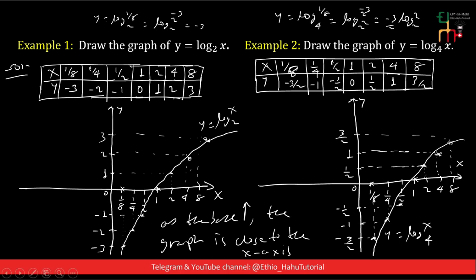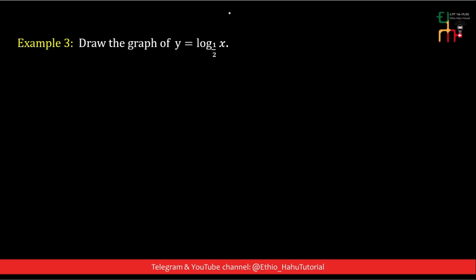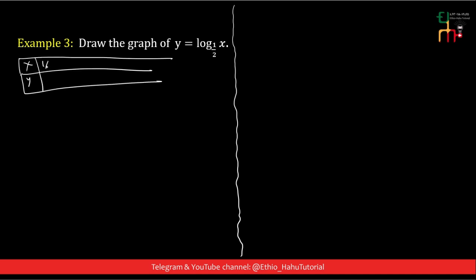x-axis. To draw the graph of y is equal to logarithm of x to the base 1 over 2, the table x, y. When x is equal to 1 over 8, y is equal to logarithm of 2 to the power of minus 3 to the base 2 to the power of minus 1. 1 over 8 is 2 to the power of minus 3. To the base 2 to the power of minus 1 is 3.